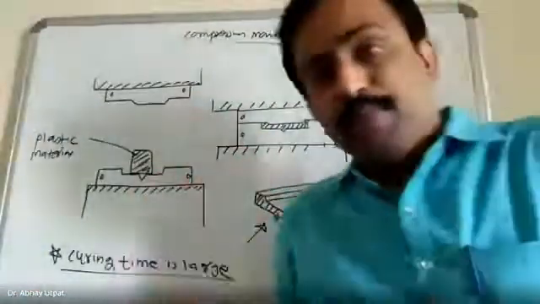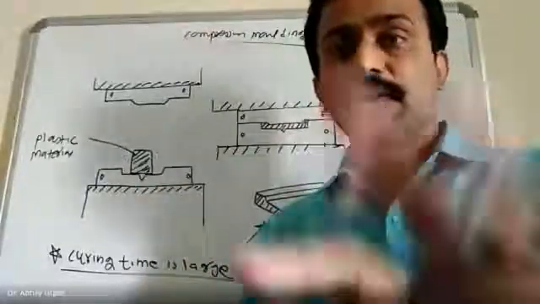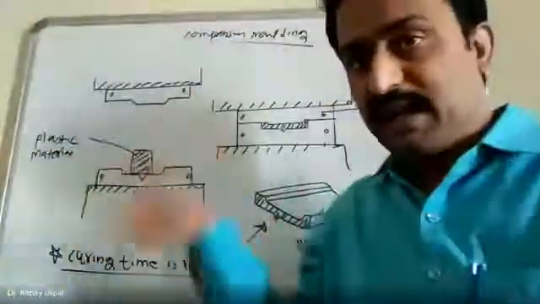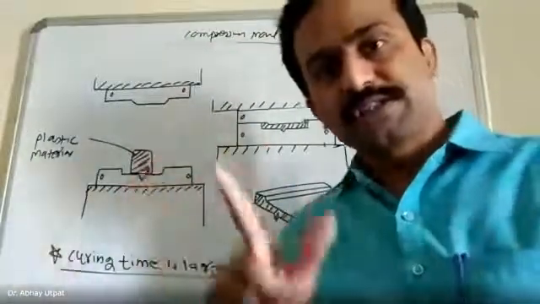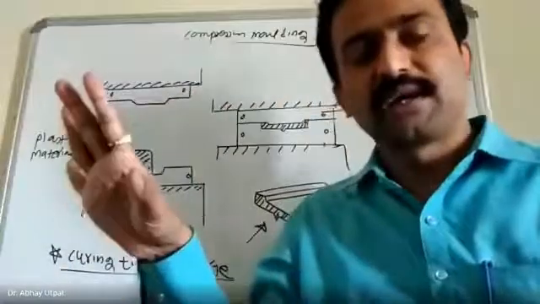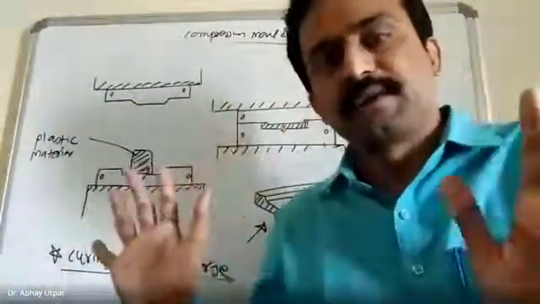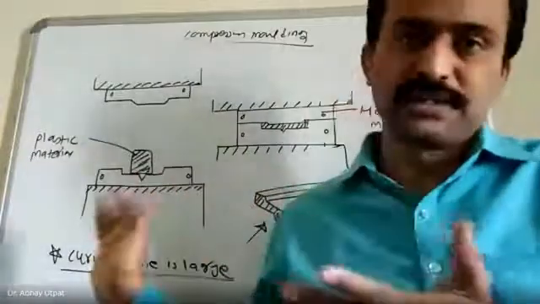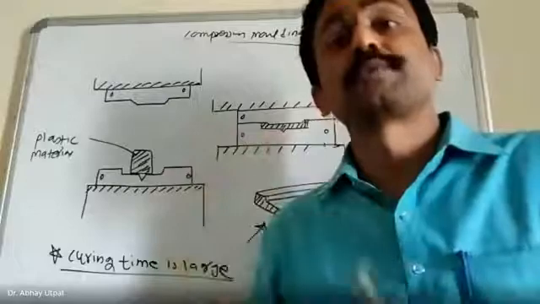Whatever scrap is produced in compression molding can't be reprocessed. Why? Because it has undergone a heating cooling cycle. Once a thermoset undergoes the heating cooling cycle, it becomes hard and sets at that property. You can't make it soft once again by further heating. So recycling is not possible in thermosets.